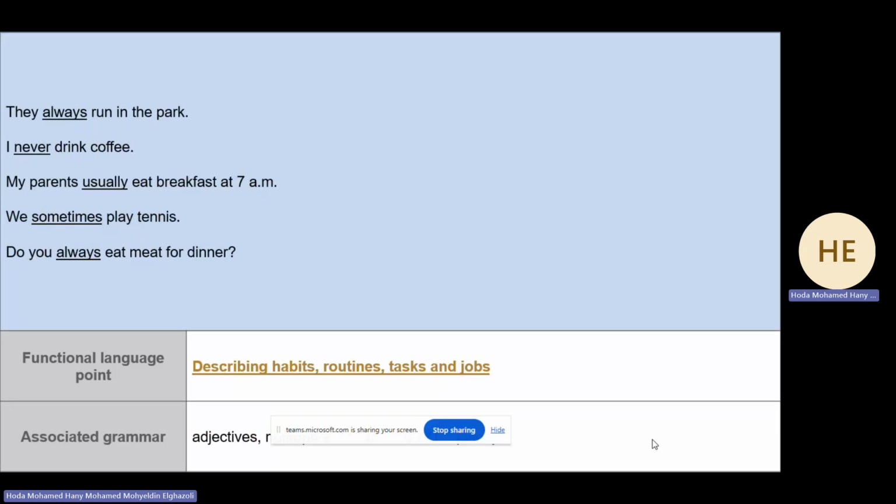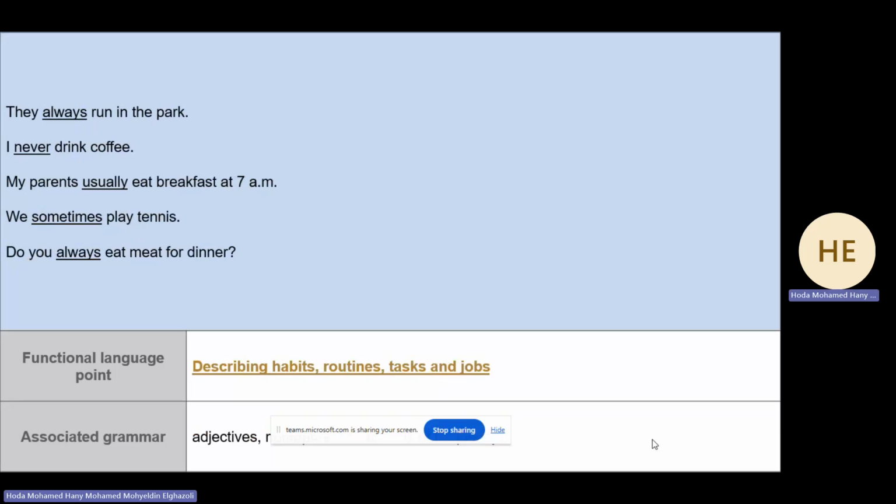And now, when we are describing habits, routines, tasks, and jobs, and we want to talk about how often we do something, how many times you do a certain habit or task, we use adverbs of frequency.